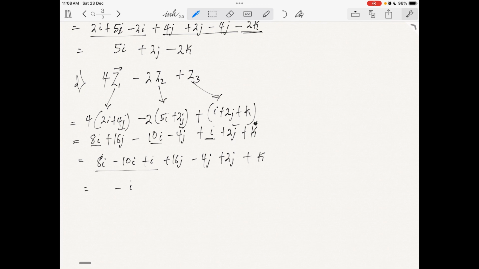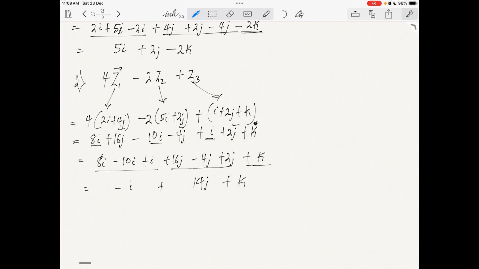And 16j minus 4j plus 2j will give us 14j. And then we'll have plus k. So literally that's how it is done.